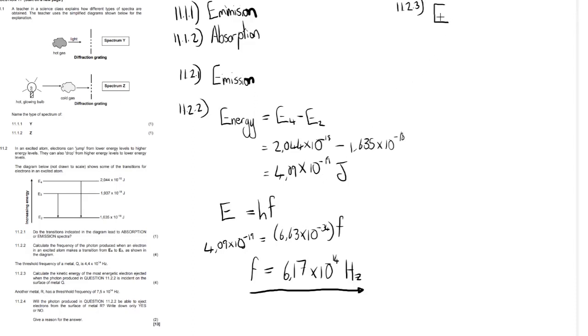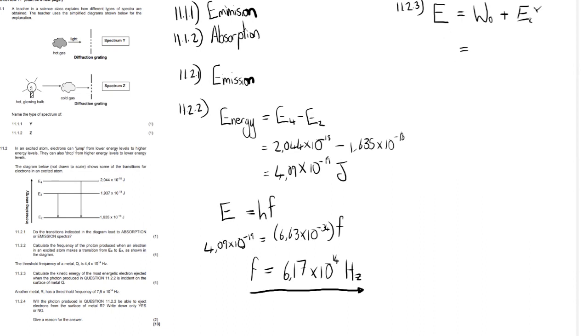I know that the energy that is incident on the metal will be equal to the work function of the metal added to the kinetic energy, the maximum kinetic energy. Now that really helps us because we can expand this. We know what the energy is of the photon.